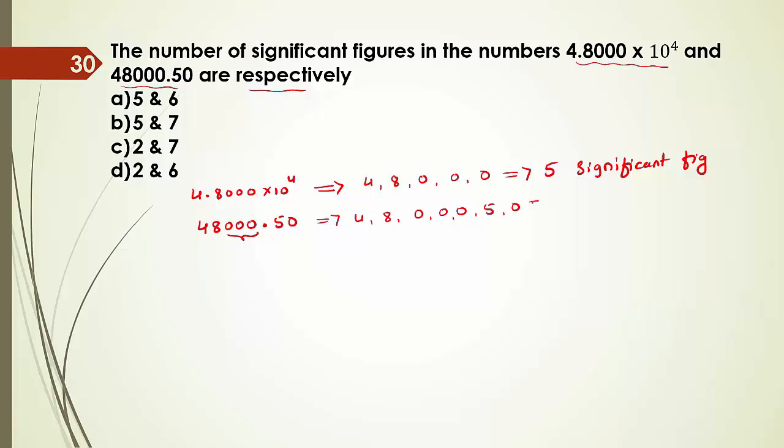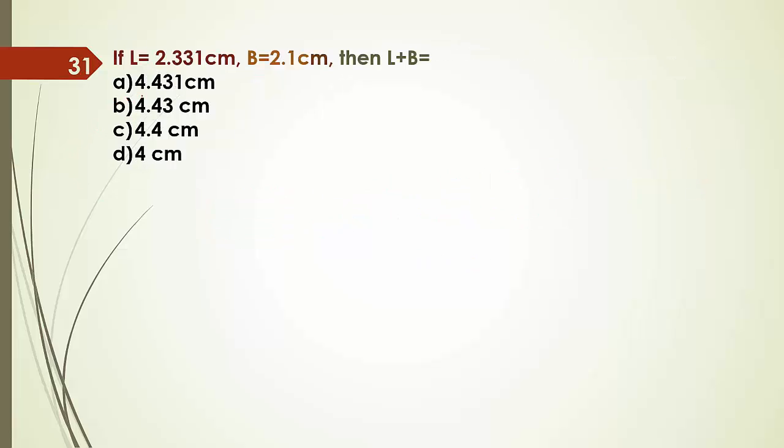All these zeros we can consider. Now tell me how many significant figures are there? 1, 2, 3, 4, 5, 6, 7. So 7 significant figures are present. So the number of significant figures in the numbers is 5 and 7. 5 and 7 means option B is right.